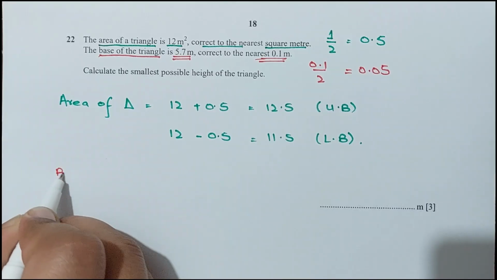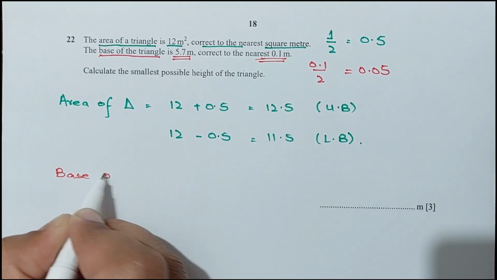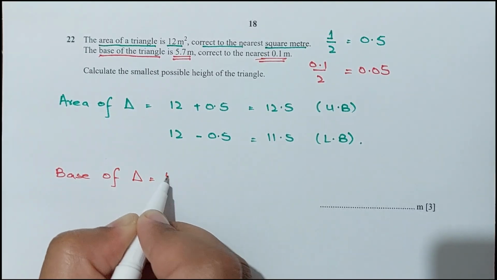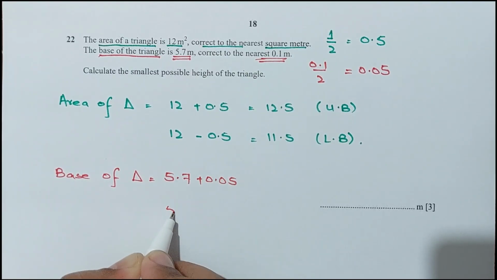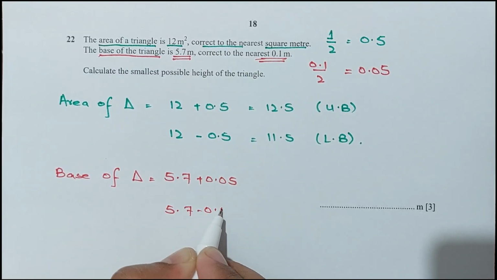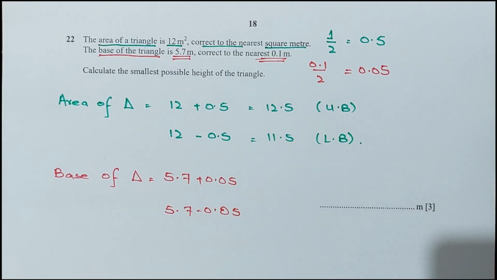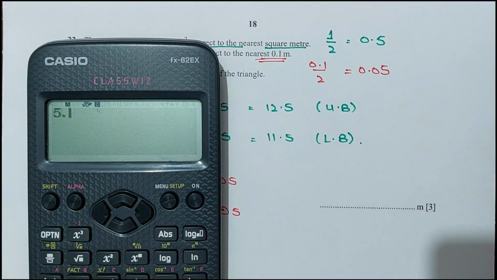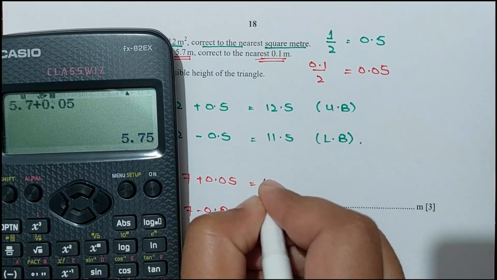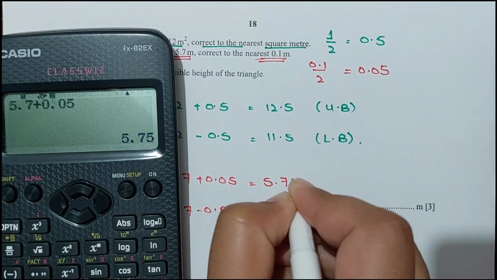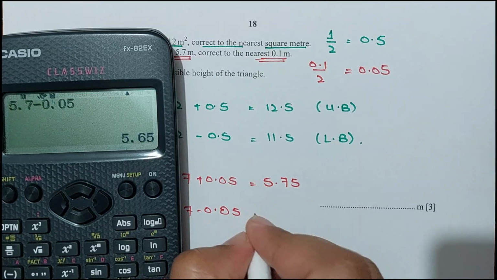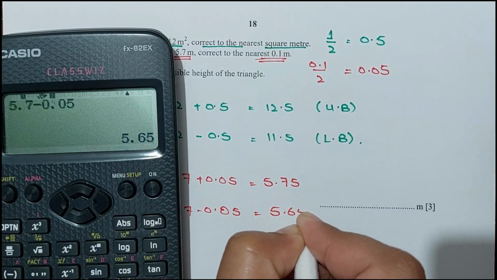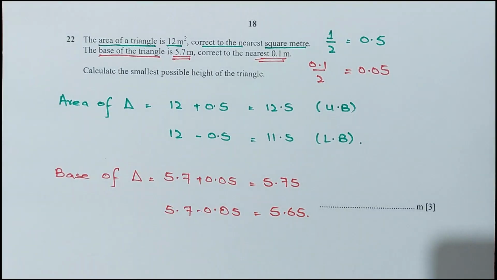So the base of the triangle is 5.7 add 0.05, 5.7 subtract 0.05. 5.7 add 0.05 would be 5.75, and 5.7 subtract 0.05 would be 5.65. Both are in meters, right?